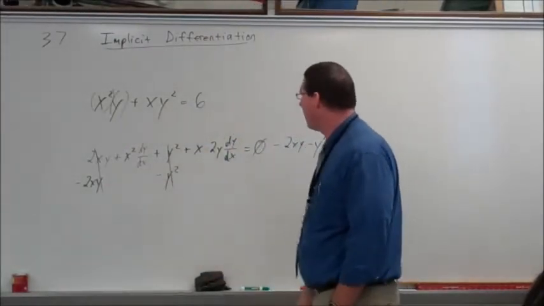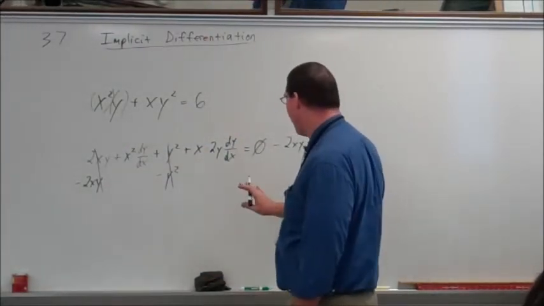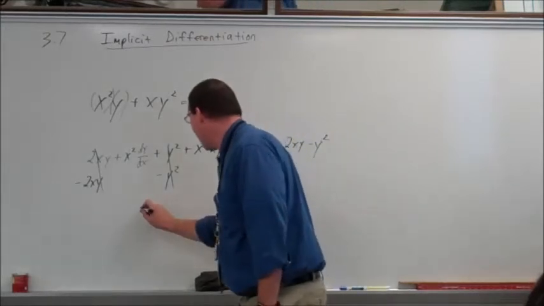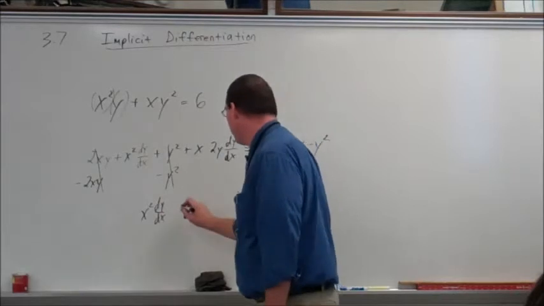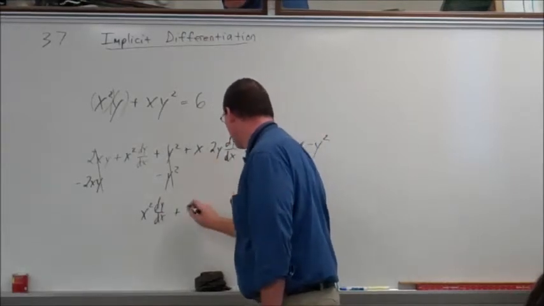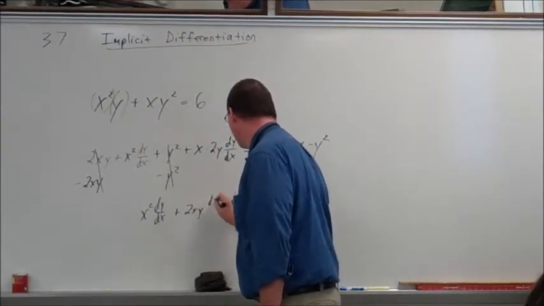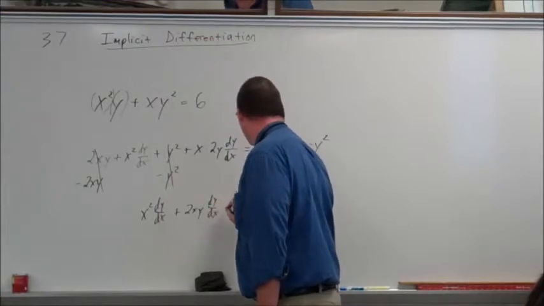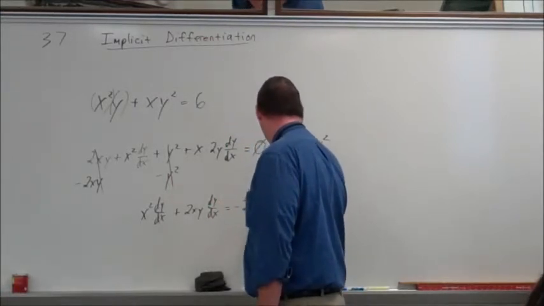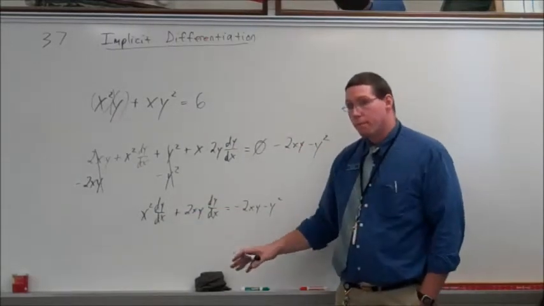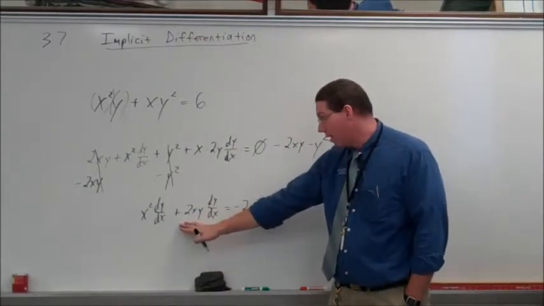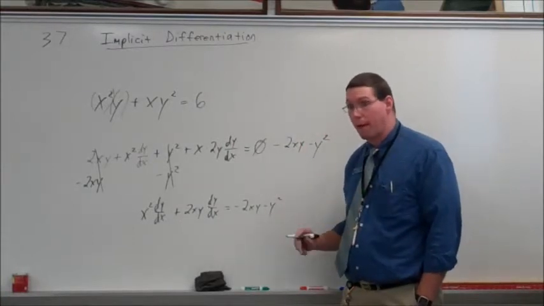Now what we're dealing with is x squared dy/dx plus 2xy dy/dx equals negative 2xy minus y squared. If I subtract anything here, I have to subtract it over here. That's just going to make a bigger mess.